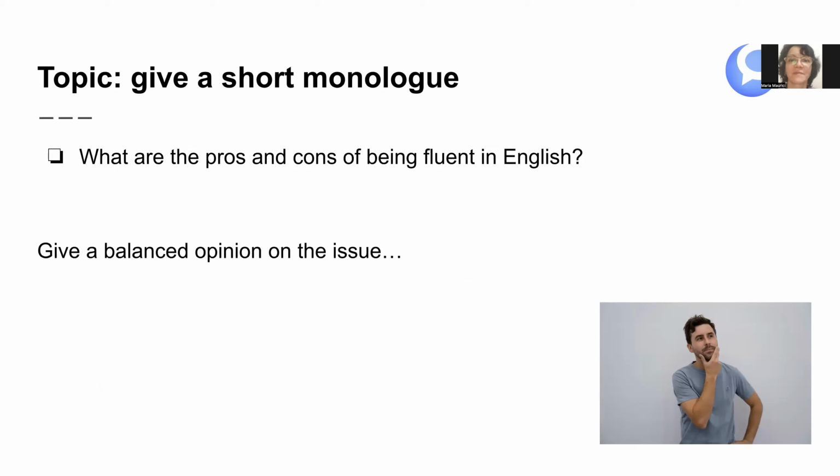Okay, I talked about this general opinion that many people want to become fluent in English or to master English. However, there are pros and cons.